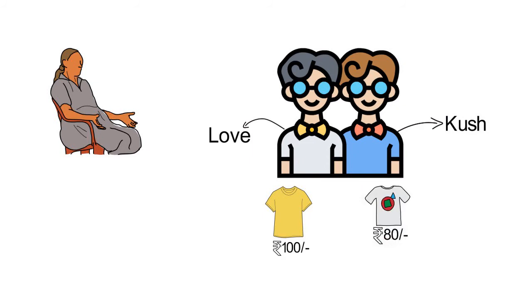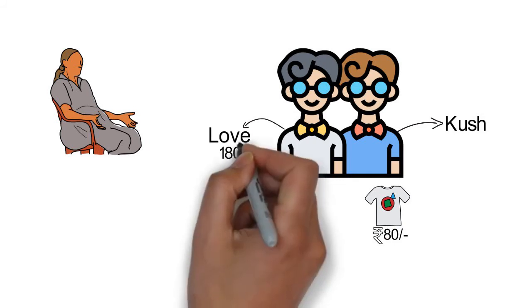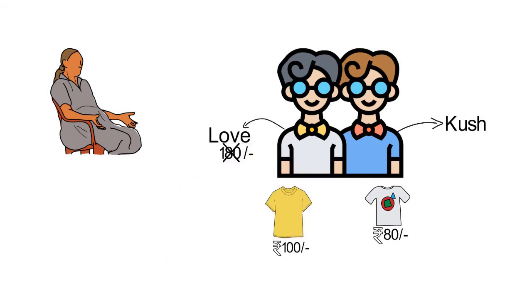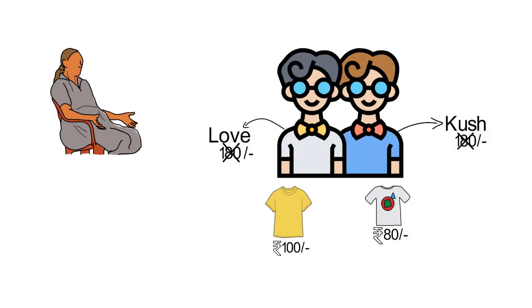So tell me, can she say that she bought a t-shirt costing rupees 180 for Love? No, as she bought one costing rupees 100 only. Can she say that she bought a t-shirt for Kush costing rupees 180? No, because she bought one costing rupees 80 only. She had to state separately for both of them, right?